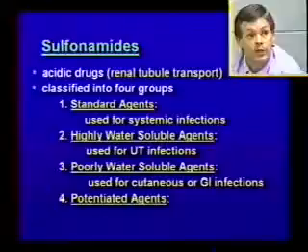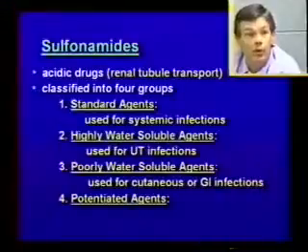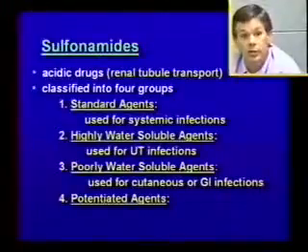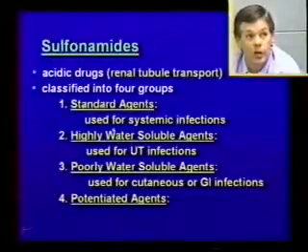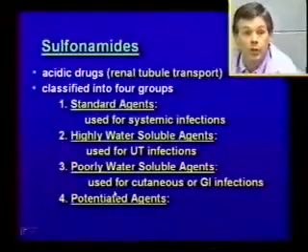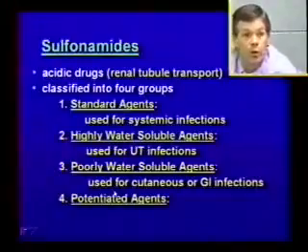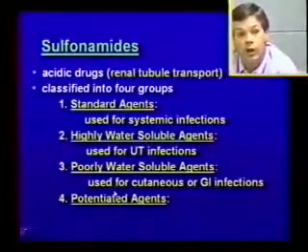The 4 groups that I've listed here are basically broken down more on the solubility of these agents, which leads to somewhat the tissue indications for their use. So the standard agents are often used for systemic infections, versus the poorly water-soluble agents, which are often used topically for cutaneous infections or can be given orally for GI infections where they can act locally within the GI tract.